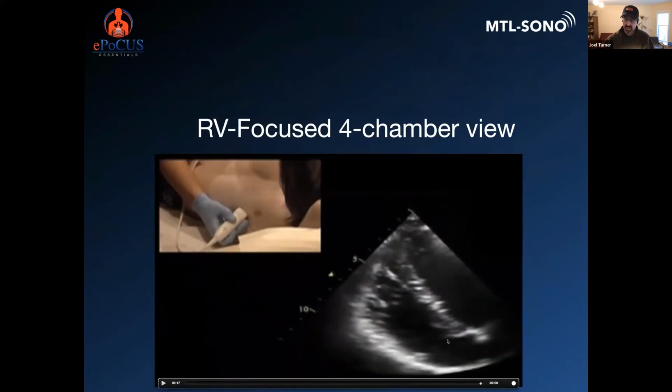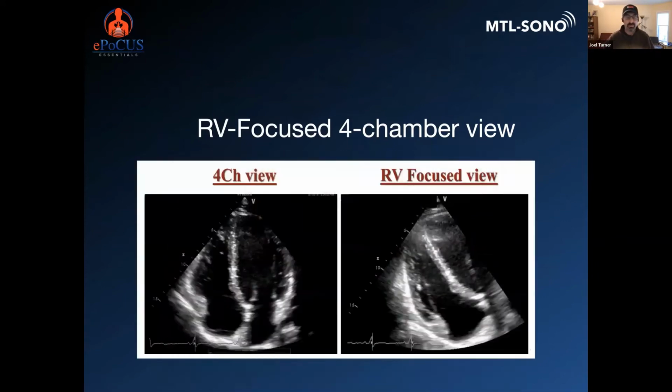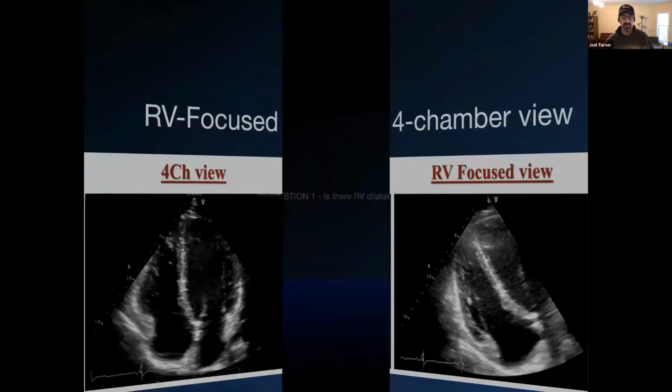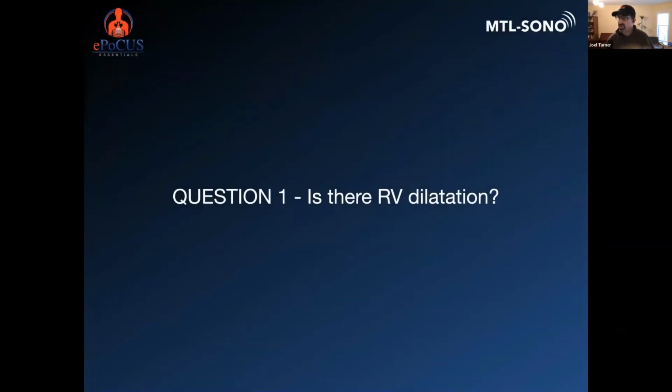Okay, it's on its side, and the left ventricle is no longer in the center of the screen, but you don't care about that anymore because you're now focusing on that right ventricle. So this is an example of a four-chamber view on the left that's normal, that you recognize easily. And here's your RV-focused apical four-chamber view.